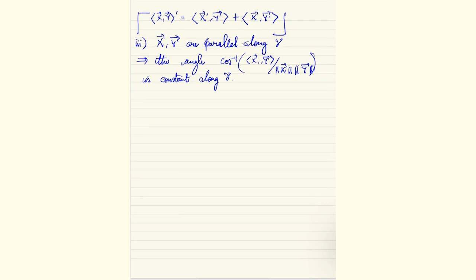And so the vectors parallel along a curve really form a vector space, because the derivative of the sum of two such things is additive. In other words, it's a linear map, and scalars don't matter. So maybe I write that.